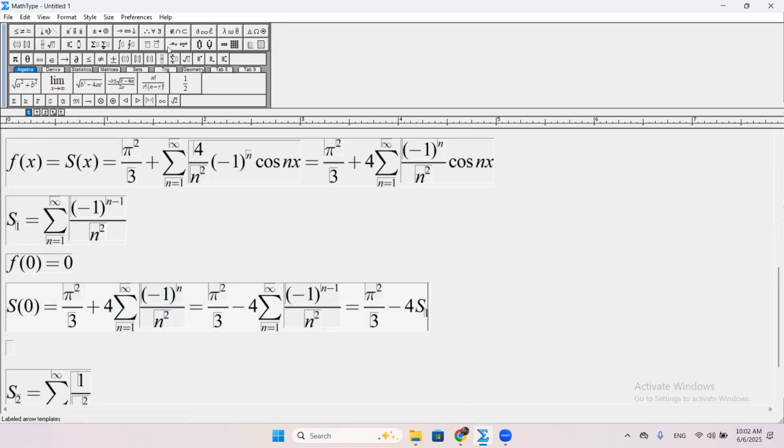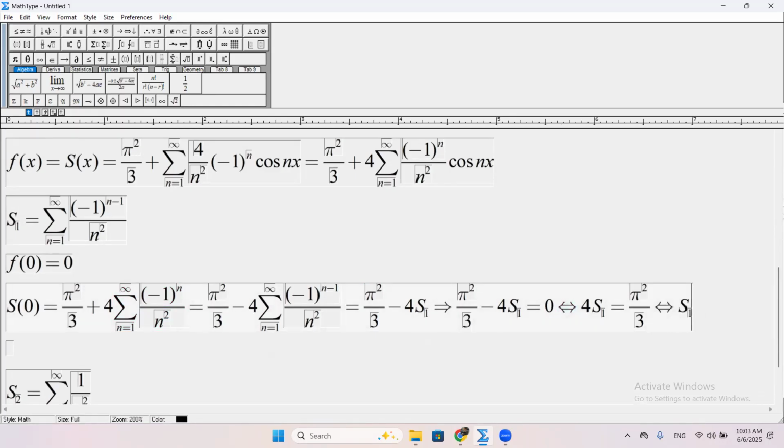So 4 S1 will be received from the following equation: 4 S1 equals p square over 3, and then S1 equals p square over 12.